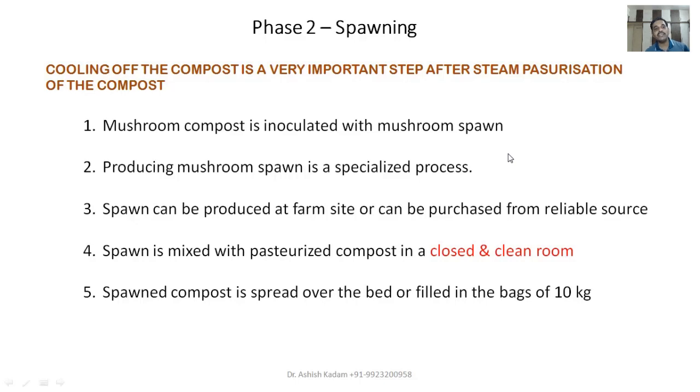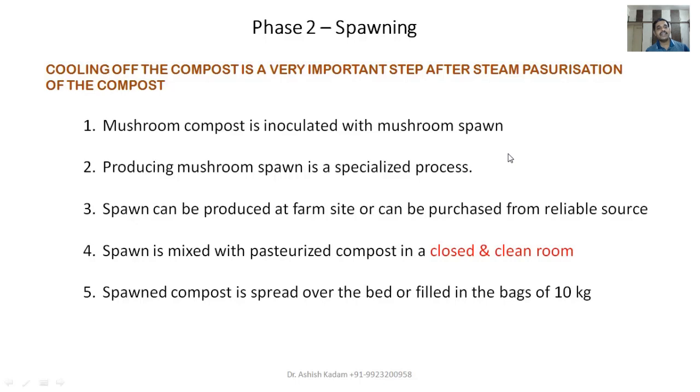So you cannot directly use this compost for mixing with the spawn spores. We have to always ensure that the temperature and ammonia level in the compost is reduced. Then only the compost is fit for mixing with the spawn. So cooling off of the compost is a very important step after the steam pasteurization of the compost.